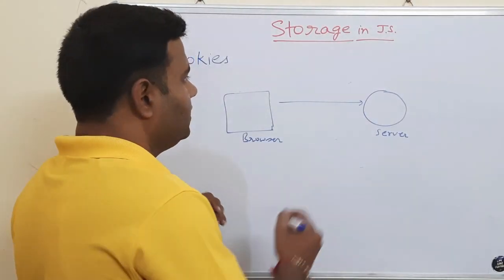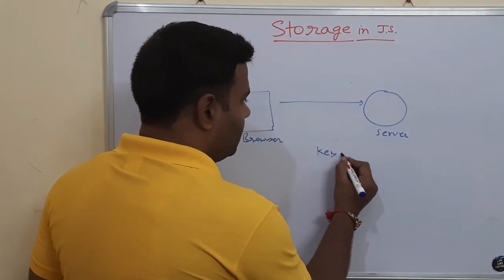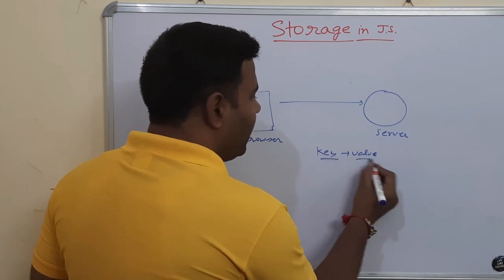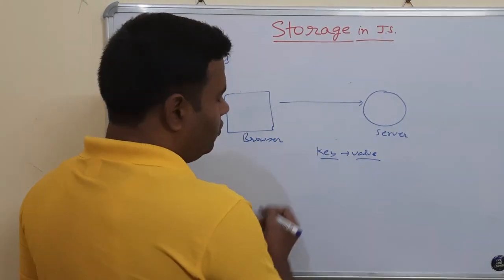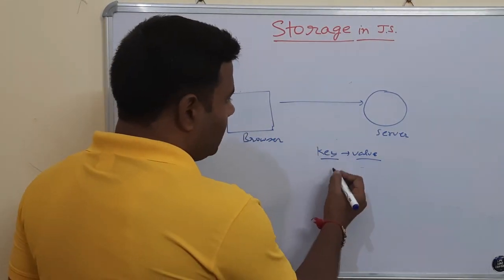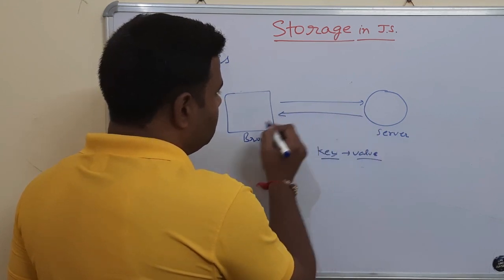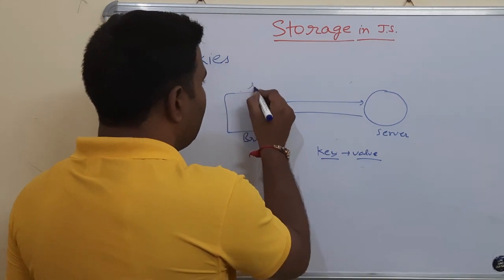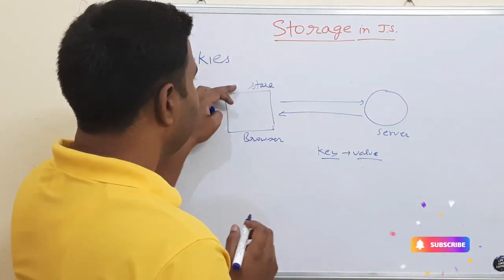So what happens? Cookies are basically key value pairs, and these key and value can be only strings. Now when the server sends these cookies to the browser, the browser stores those cookies if you have given permission, right?